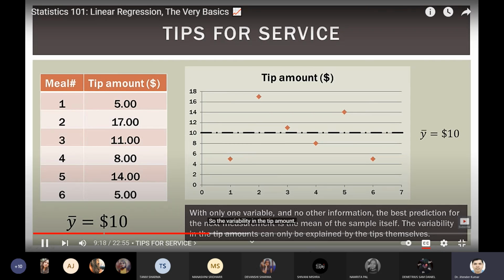So the variability in the tip amounts, because they're not on the line, they're above and below, the variability in the tip amounts can only be explained by the tips themselves, because that's all we have. So the way they're above and below the line, that's just the natural variation in the tips. But the basic point is this: with only one variable, the only way we can make a prediction about the next tip amount in this case is the mean. So our best prediction for the tip of meal number 7 is $10.